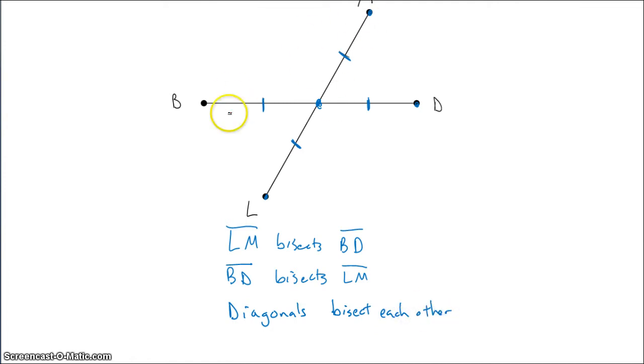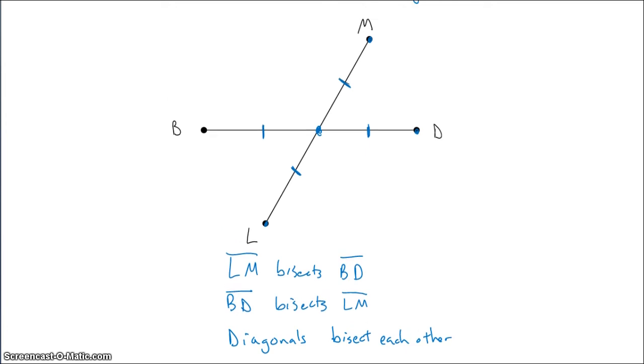But there is something different about this picture. If I look at my line segments, from B to this point is the same as from D to this point. It's also the same as L to this point and M to this point. So I actually have 1, 2, 3, 4 congruent segments.